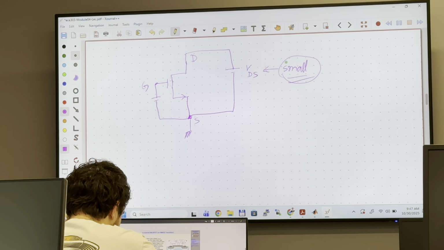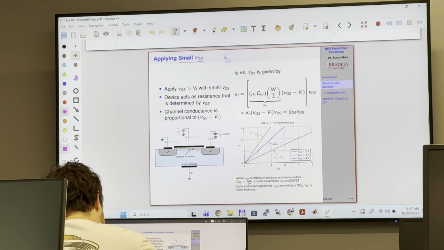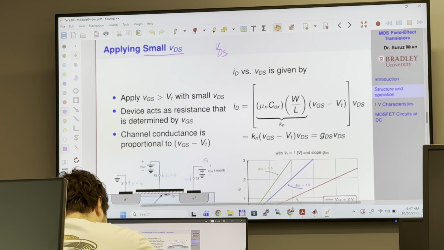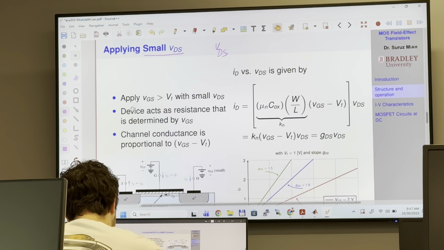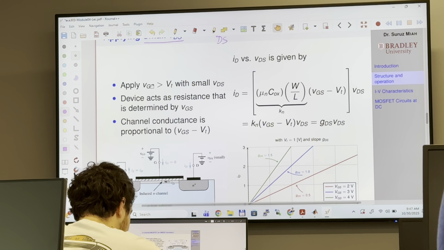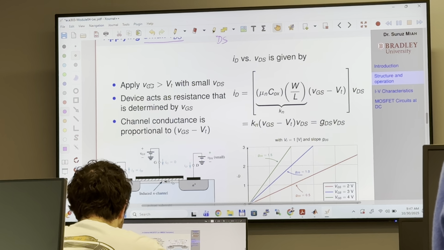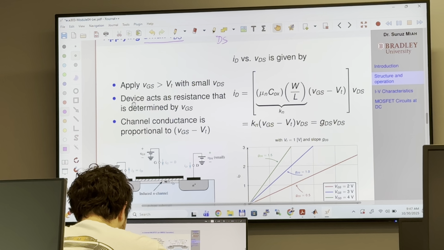We are applying small VDS. If we apply small VDS and the gate voltage with respect to source is more than the threshold voltage, then the device acts as a resistance.